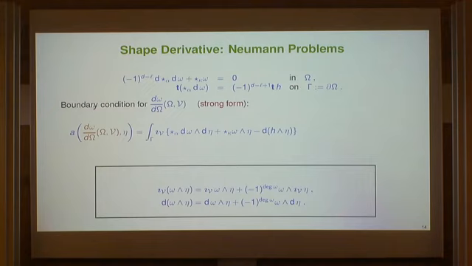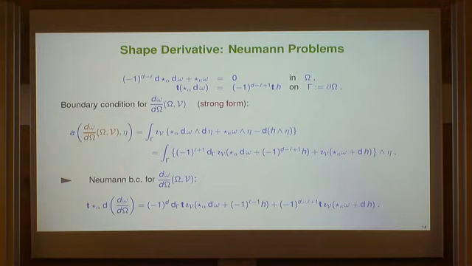So we can rewrite this term on the right-hand side to extract really a Neumann boundary condition, because you can shift a derivative onto the other side using integration by parts on the boundary, and then this is what you recover as the Neumann boundary condition for the shape derivative.